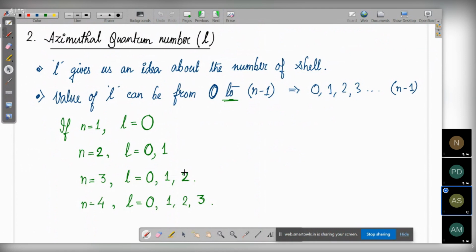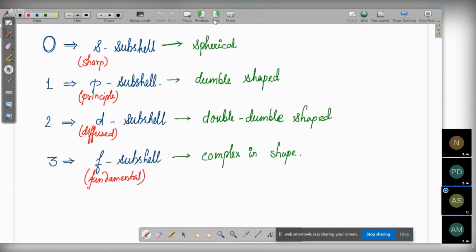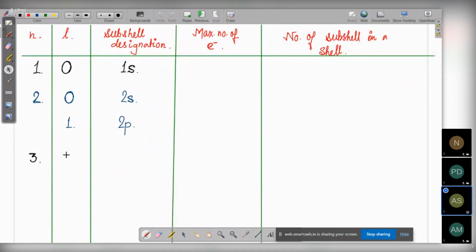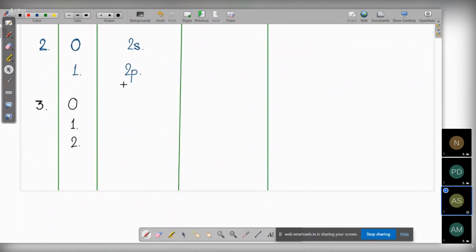So I will write l as 0, 1 and 2. That's why the subshells are 3s for 0, 3p for 1, and if the value of l is 2, we call it 3d. That's why this subshell is designated as 3d.